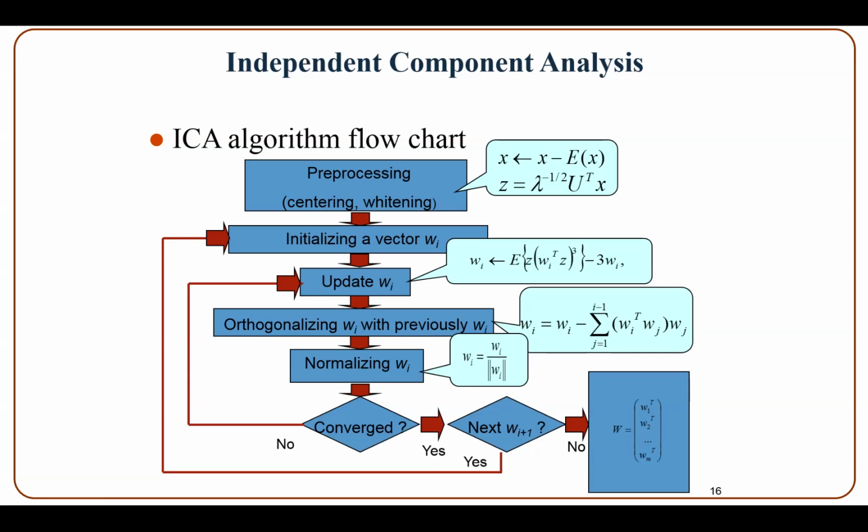The vector Wi needs to be orthogonalized with previously found weight vectors using Gram-Schmidt orthogonalization. Once we find a weight vector, we store the vector as a row in the matrix W.